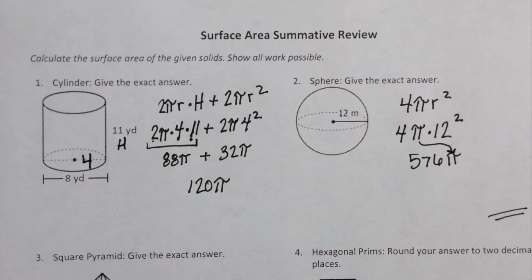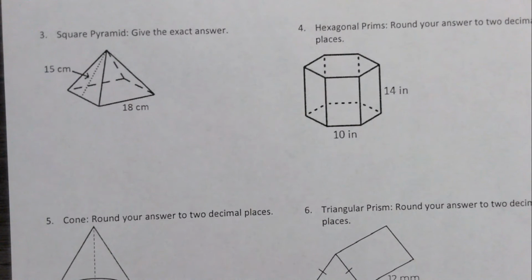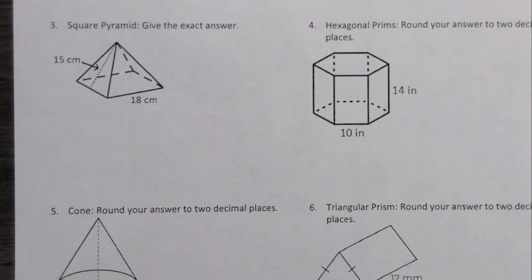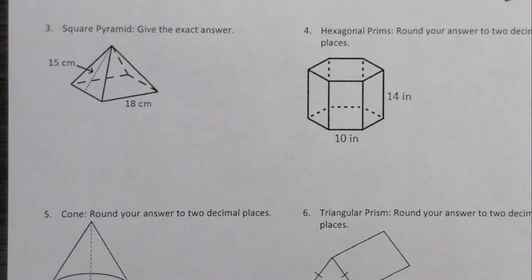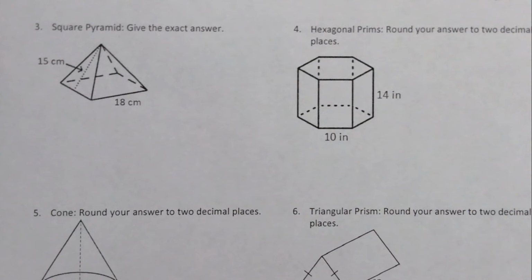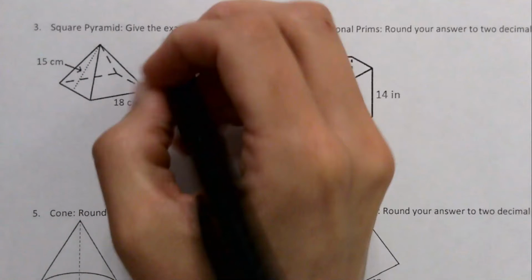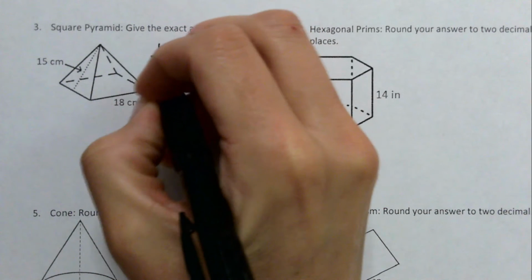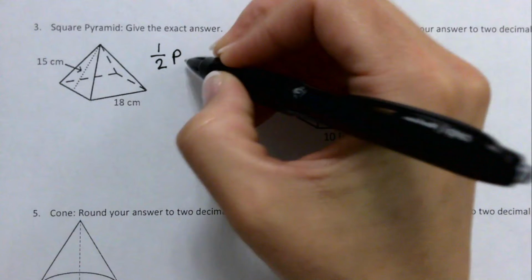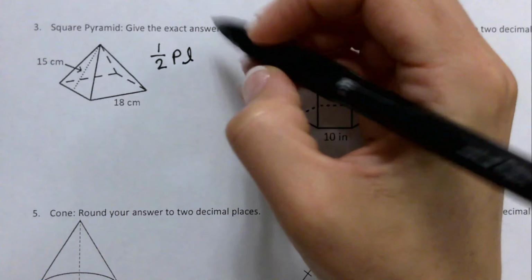Okay, sliding down to questions 3 and 4. Question 3 is not necessarily a level 2 question. However, we do want to just go over the formula for pyramids. We'll use this again on the backside when you see a level 2 question. The formula here is 1/2 perimeter slant height plus the area of the base.